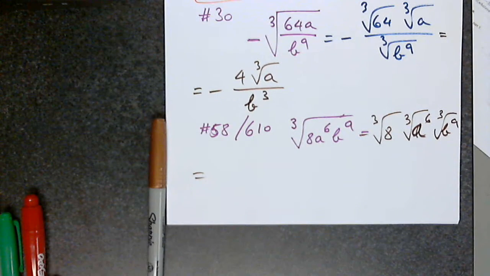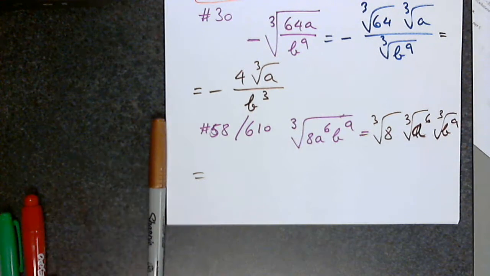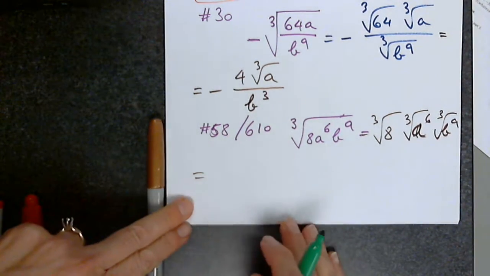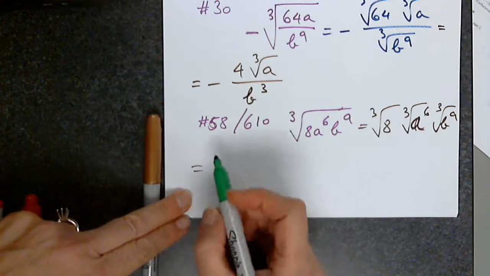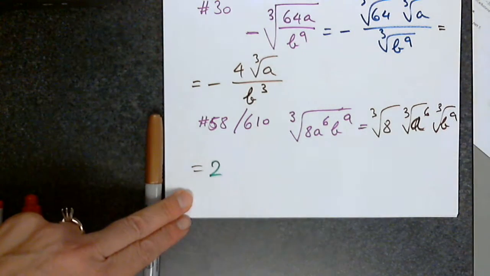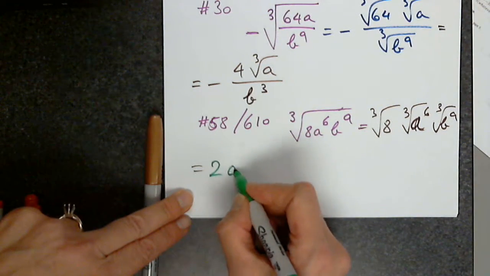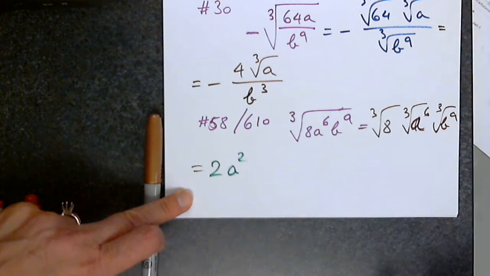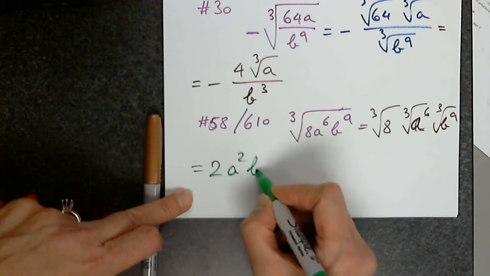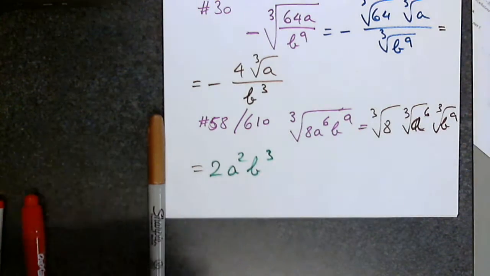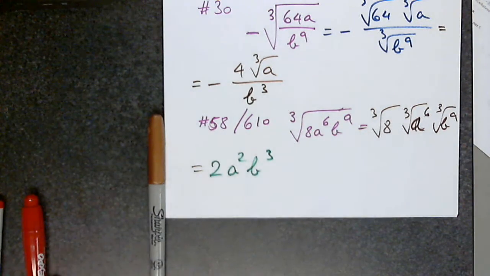I write the intermediate step for everyone to see. But yes, I agree. If you want to skip this step, I'm fine. So how do I simplify the cube root of 8? 2. How do I simplify the cube root of a to the 6th? Very good. And how do I simplify again the cube root of b to the 9th as b to the 3rd? That's it. Good. So this was a warm-up.